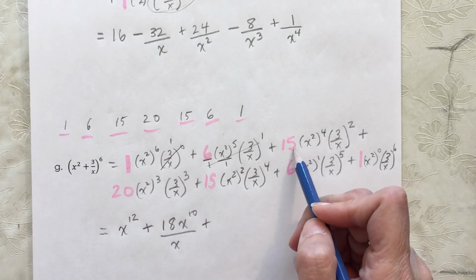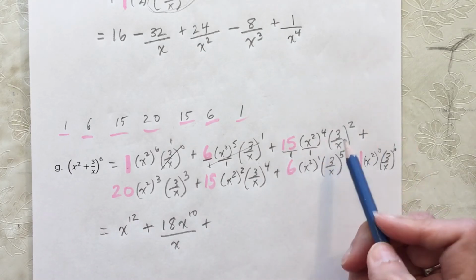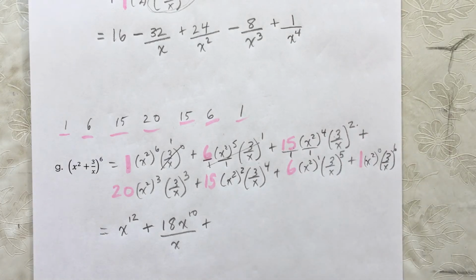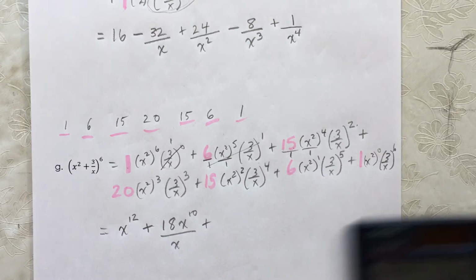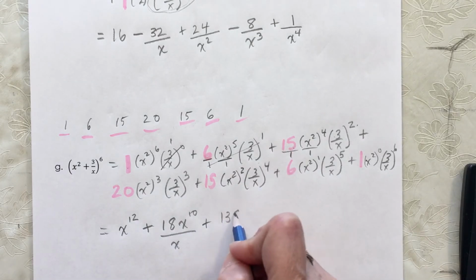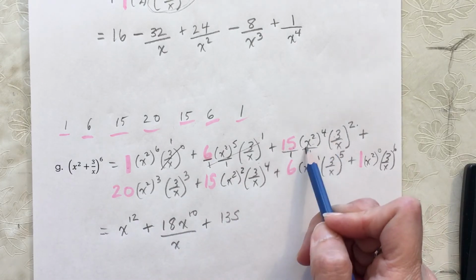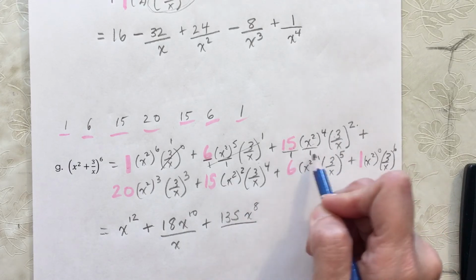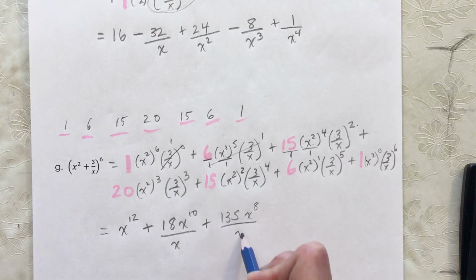For my next term, the number part's going to be 15 times 3 squared. 15 times 3 squared is going to be my coefficient, so 135. But then also times x to the 8th. But the denominator, 1 times x squared, is x squared.